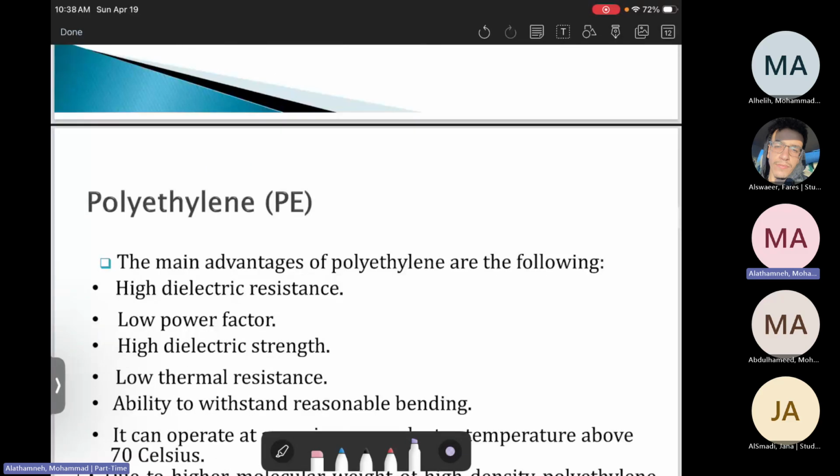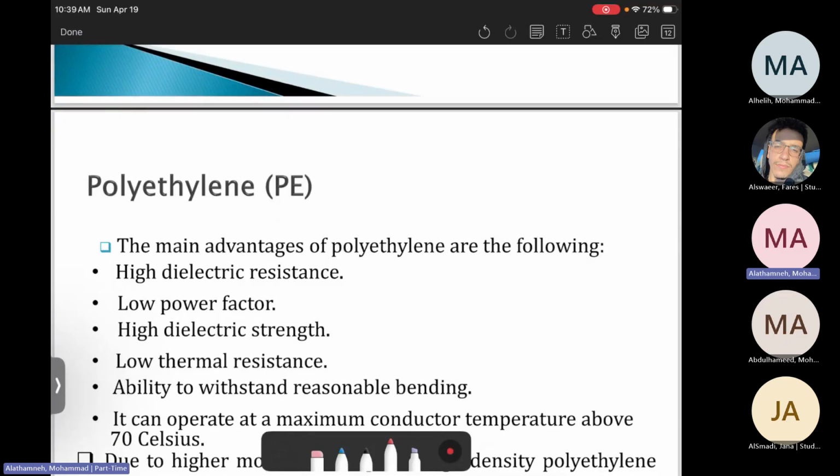temperature. Again, the main advantages of polyethylene are related to the high dielectric resistance, low power factor, high dielectric strength, low thermal resistance, and the ability to withstand reasonable stress.